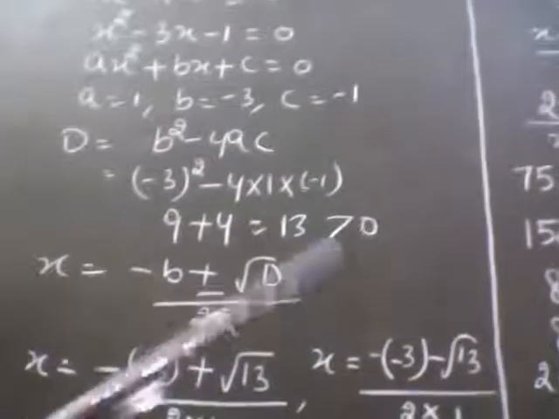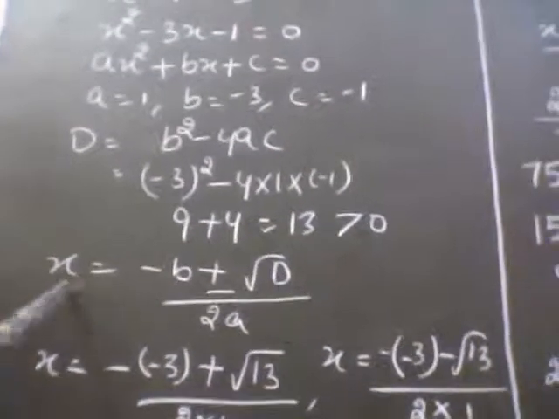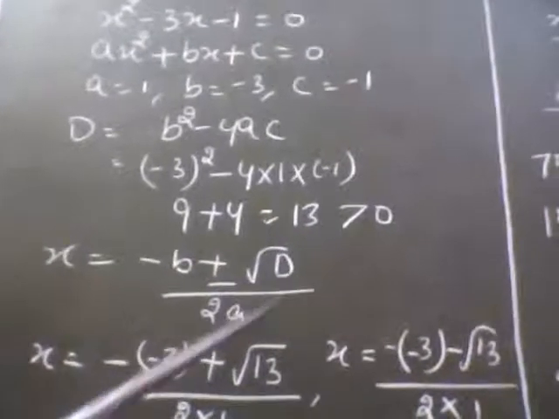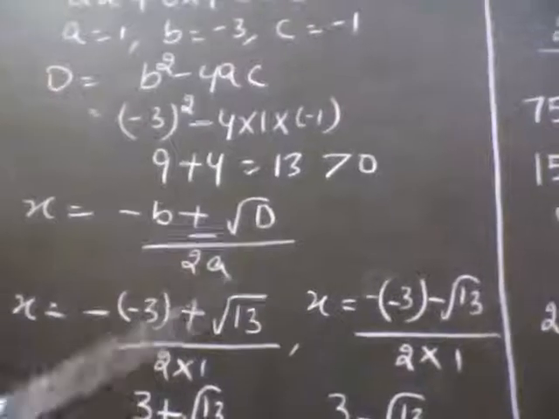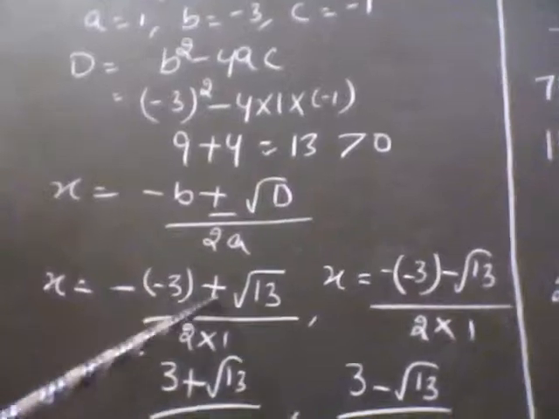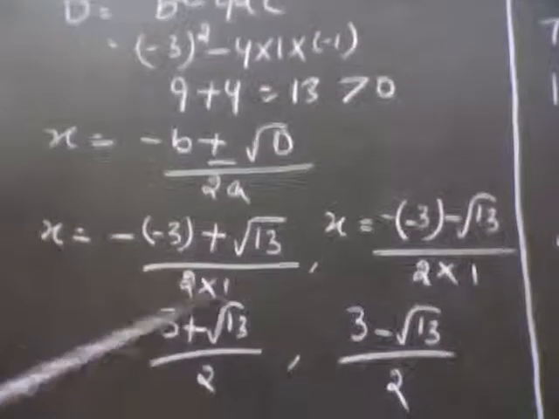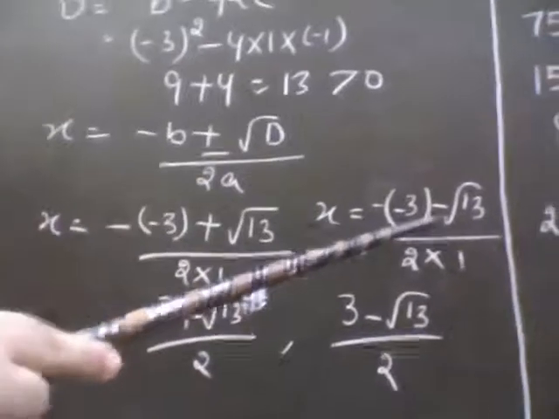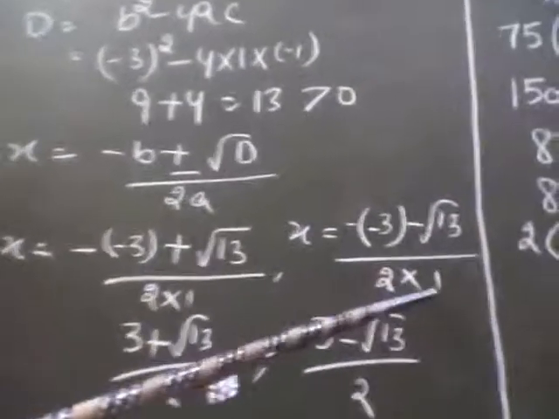Now for the roots, the formula is x is equal to minus b plus minus root d upon 2a. Now put the value of b, d and a here. Then we get minus of minus 3 plus root 13 upon 2 into 1, and 3 minus root 13 upon 2 into 1.